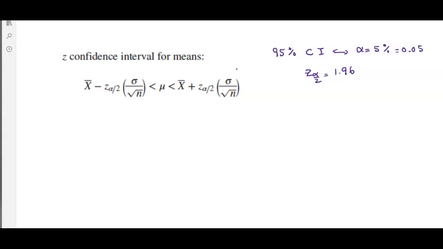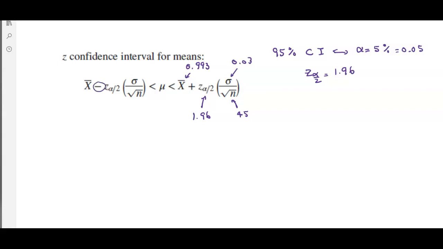Now the other values, we know them: this is 0.03, this is 45, this is 1.96, and this is 0.993, and the same over here. The only difference is the minus sign.